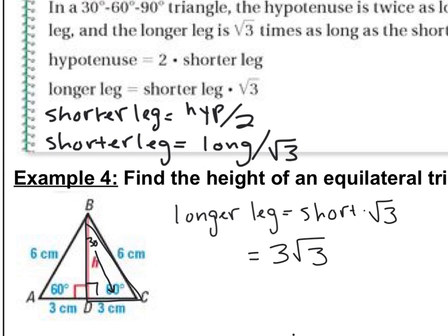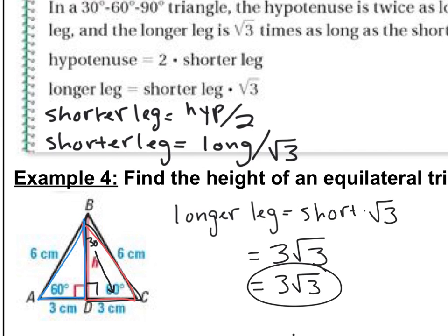So we have a 3 times radical 3. We cannot simplify that any further, so we will leave that as 3 radical 3. So the height of the equilateral triangle is 3 radical 3. You would have gotten that had you done the other triangle that is created there.